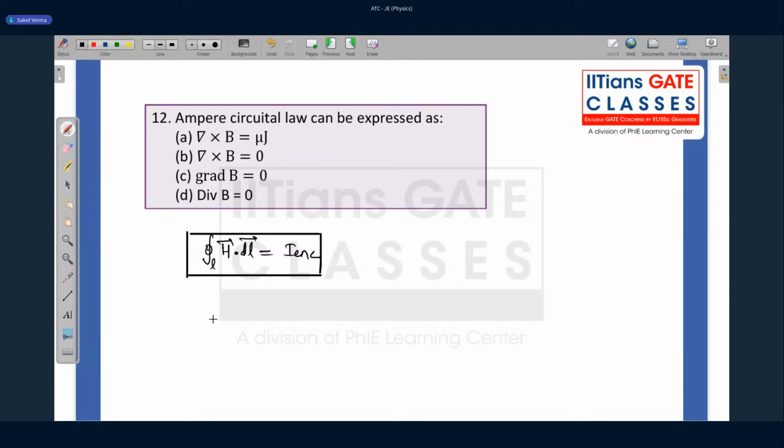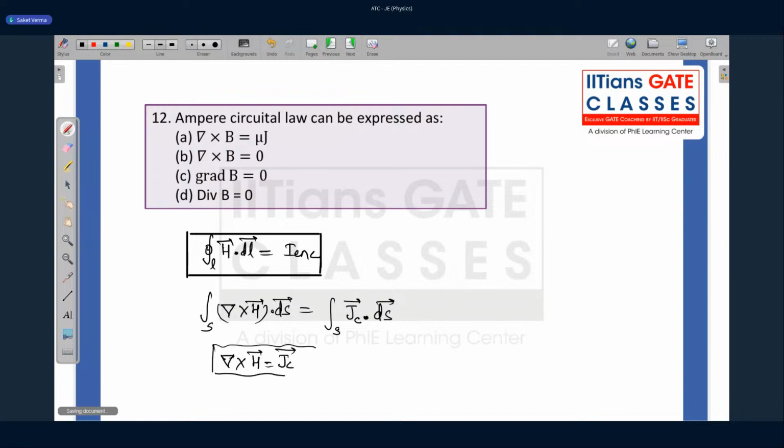When we apply the Stokes theorem, we get the surface integration of curl of H dot ds, because the closed loop has been converted into a surface. This we can write as the integration over the surface of the conduction current density dot ds. When we compare, we get curl of H equal to JC. That is your Ampere circuital law.